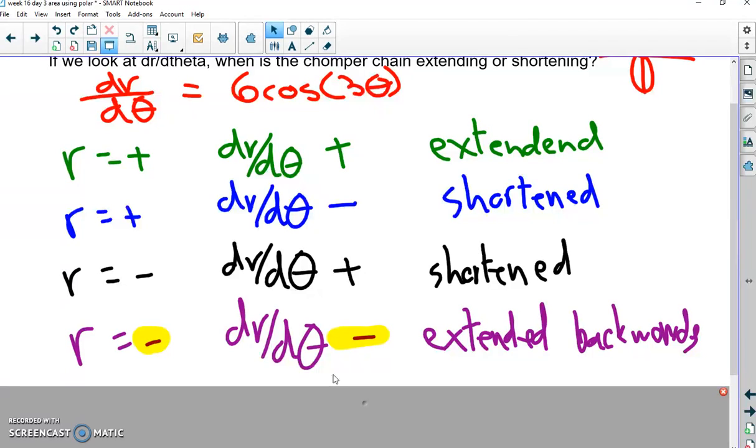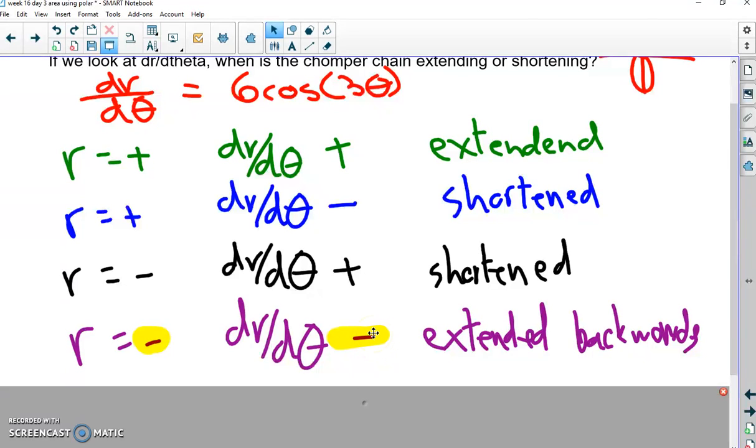Does that make sense? So a question on a test is going to say, when is your Chomper getting closer to the origin? Rephrase that: when is the Chomper getting closer to the origin is asking for when is the Chomper shortening? Do you just look at when dr/dθ is negative? No, what do you have to look for?